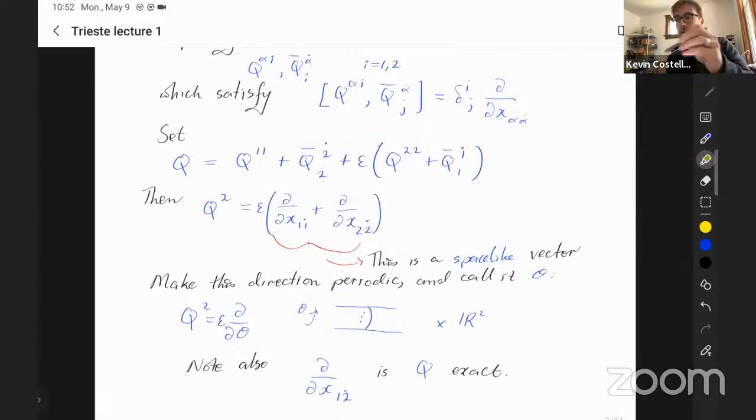So really, we're working on this cylinder, which has coordinates x11 dot, x22 dot, across another plane which has coordinates x12 dot, x21 dot.